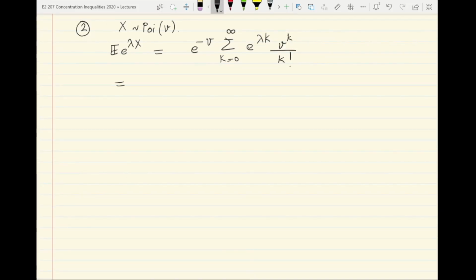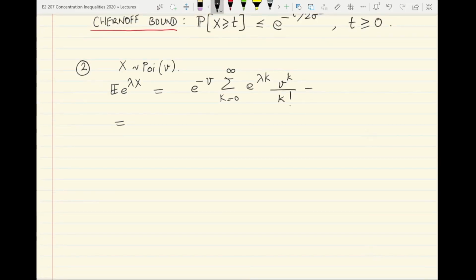Now one can evaluate this as follows. One can write this as e raised to minus v, sum over k. Let's collect v into e raised to lambda, v times e raised to lambda, raised to a common power k, divided by k factorial.